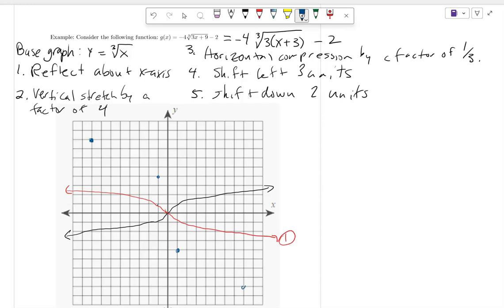So we have 4 times as tall. Just taking your outputs and multiplying it by 4.